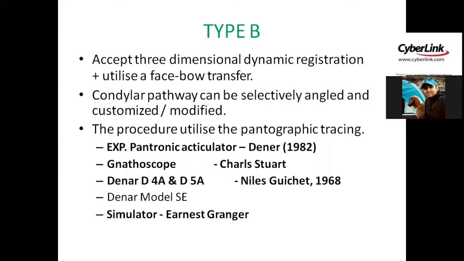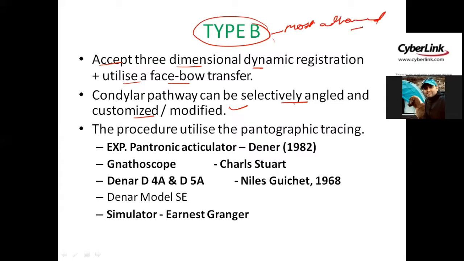But in type B, there is also acceptance of three-dimensional dynamic registration utilizing a Facebow transfer. Condylar pathway can be selectively angled and customized. That means modified. This is the most advanced one. Class 4 type B, most advanced, right?